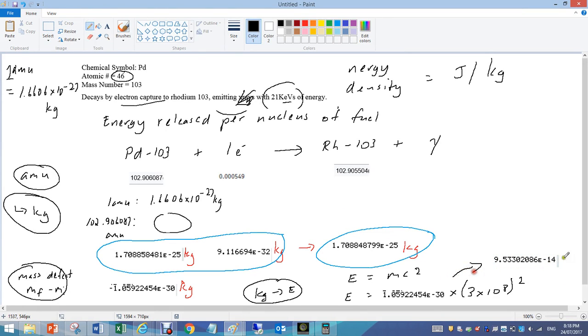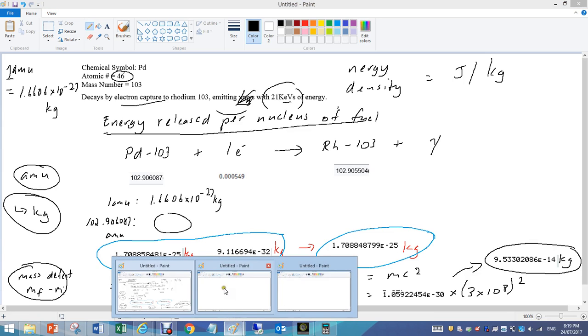So there we go. That's what it equals. So we've just found the energy released per nucleus of fuel. Okay. Right, so now we're going to use that and keep going on the next page.